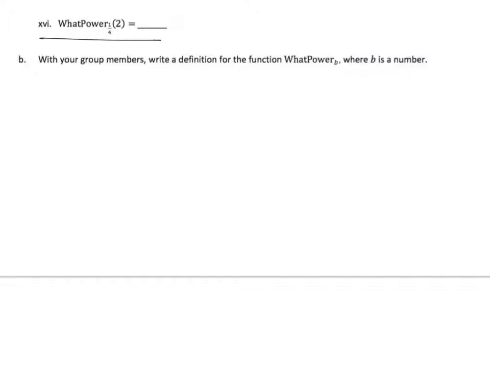With your group members, or just on your own, write a definition for the function what power base b, where b is a number. Well, what we just did was b to the L equals x.